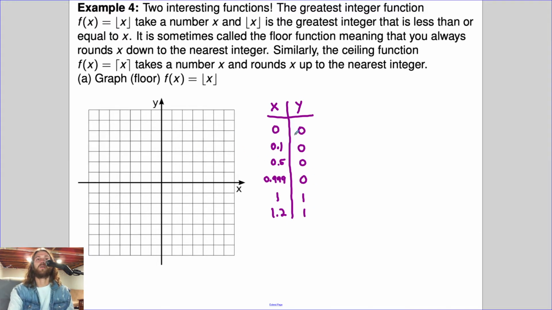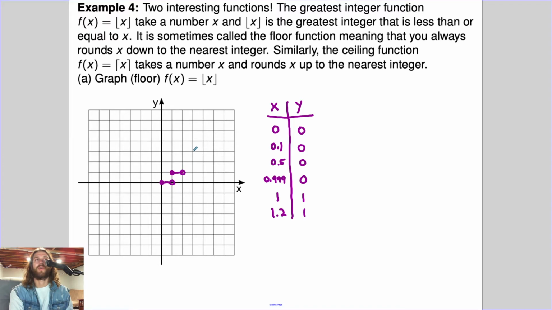So what this looks like is at 0, it's equal to 0. As you work your way along, all of these numbers get rounded down to 0. But as soon as you hit 1, an open circle, you move up to the next step. This process repeats, from 1.2 all the way to right before 2, so 1.9999999.